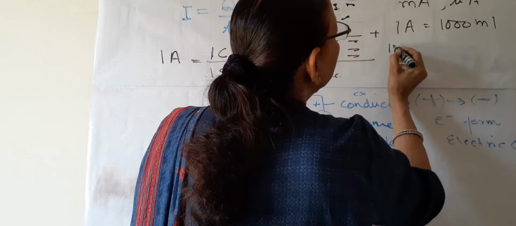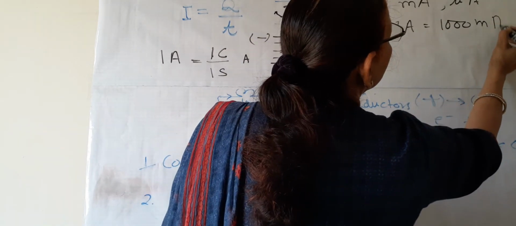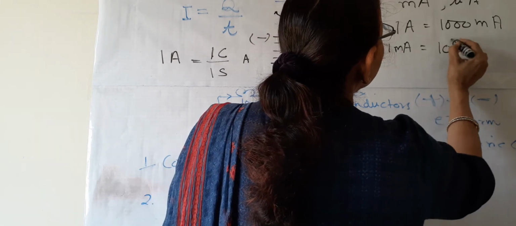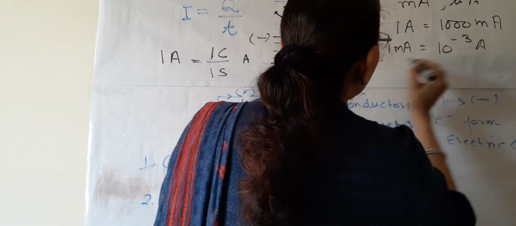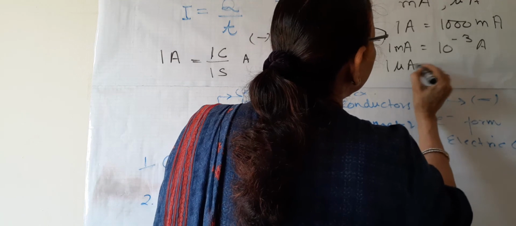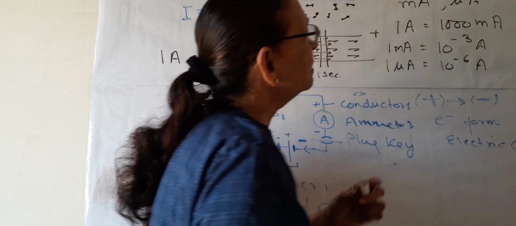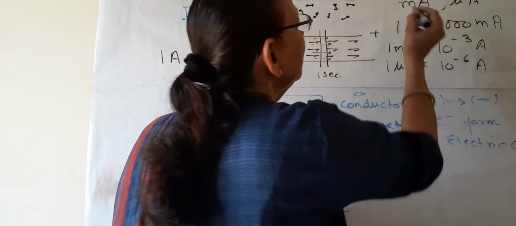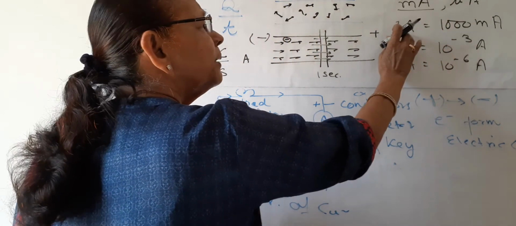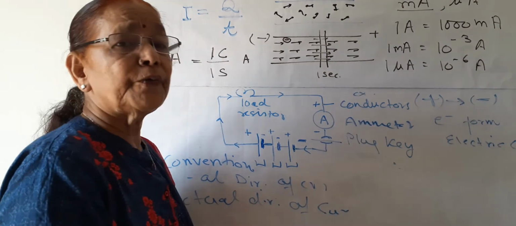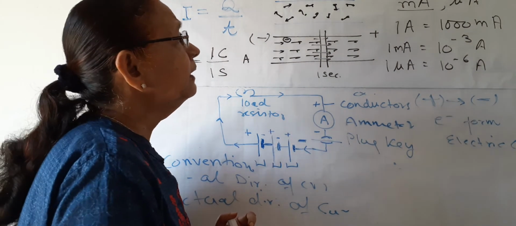So 1 milliampere is equal to 10 raised to power minus 3 ampere, and 1 microampere is equal to 10 raised to power minus 6 ampere. In labs, ampere is normally a very big unit, so normally milliamperes are used for experiments in the lab.